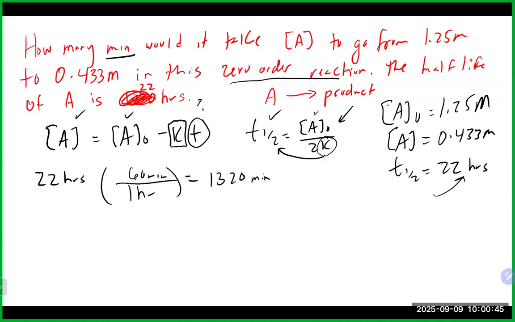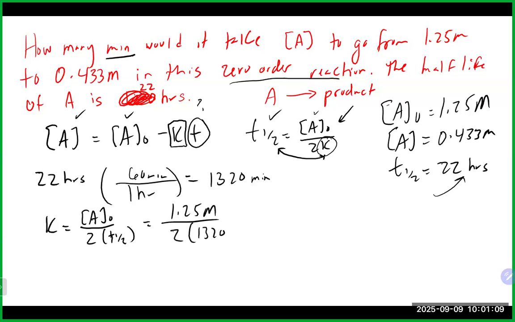We're going to rearrange here and solve for K. Basically, these two guys switch places. You're going to multiply K to both sides and divide by the half-life. And that will give us that K is equal to A naught divided by 2 times the half-life. So putting in our initial concentration, 1.25 molar, our 2 and our half-life of 1320 minutes.